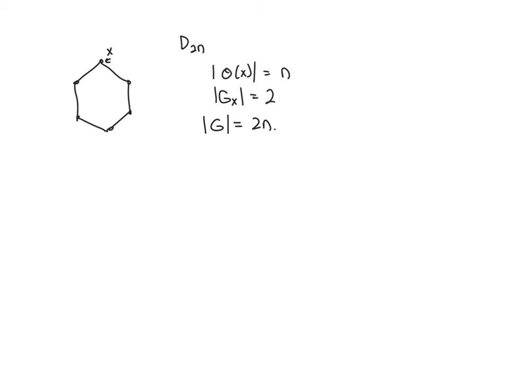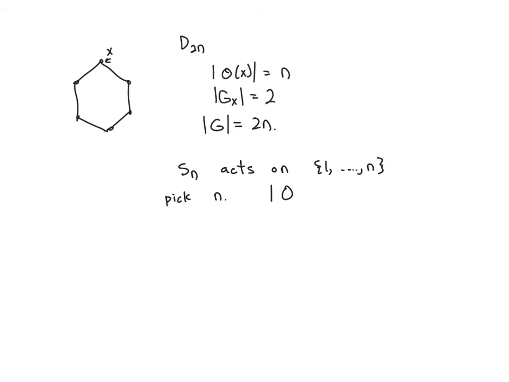As one final example, you can look at Sn, which we just saw was a group action. It acts on the integers 1 through n. I'm actually going to just pick on n this time, specifically.